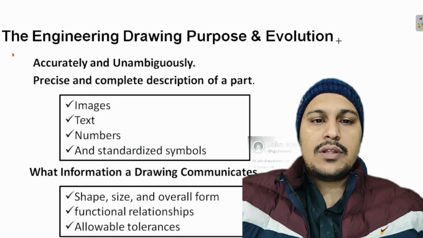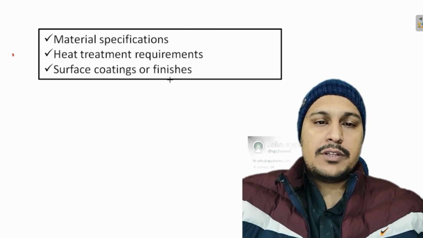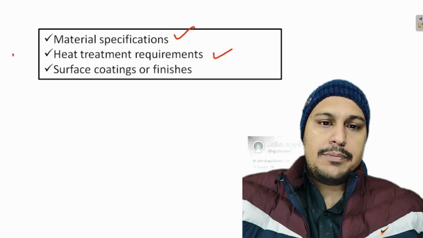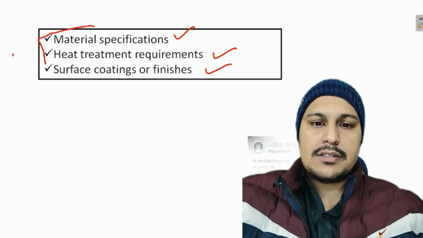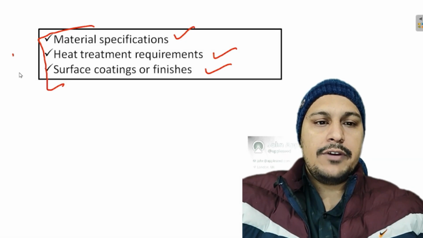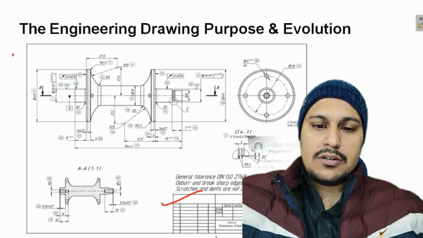So what we have discussed now is the engineering drawing, its purpose and evolution. In addition to the geometry and the tolerances, the drawing also has the following information: material specification, heat treatment requirement, and surface coating. Guys, as I told before, this is the title block of the drawing.